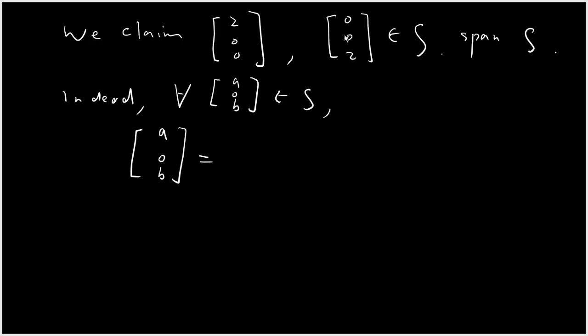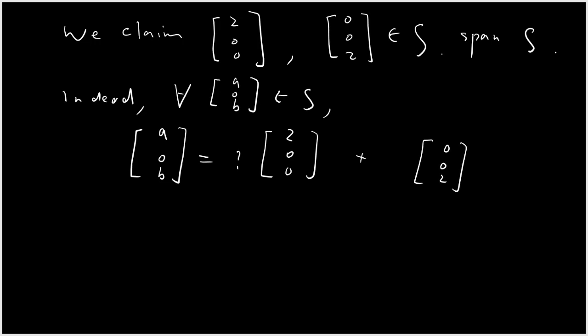You guys are smart. So tell me, this time how to choose the scalars or the coefficients? Something times 2, 0, 0, and then plus another number times 0, 0, 2.